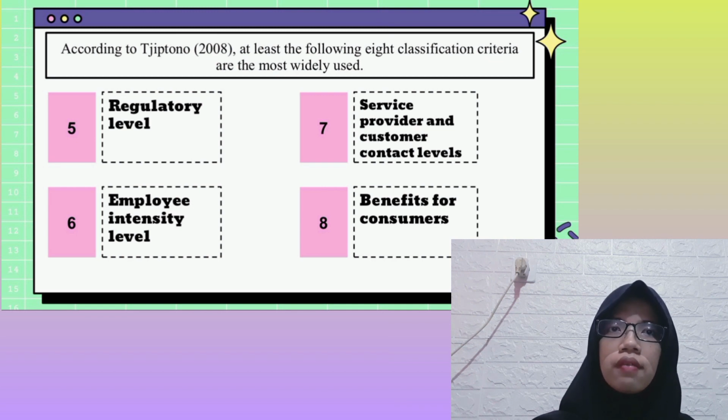Based on this level of contact, service can generally be grouped into high contact service and low contact service. 8. Benefit for customers. In this case, service can be divided into two types. First, service for customers' goods or facilitating service. Second, service for customers themselves or human service.